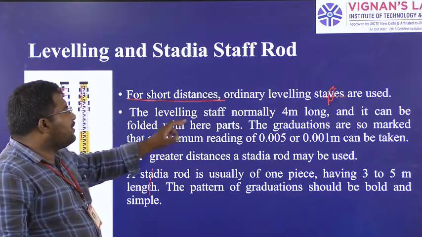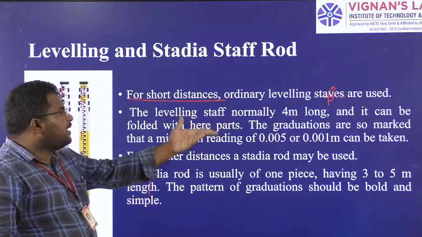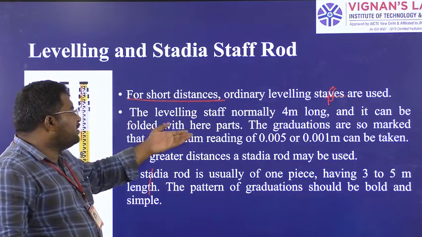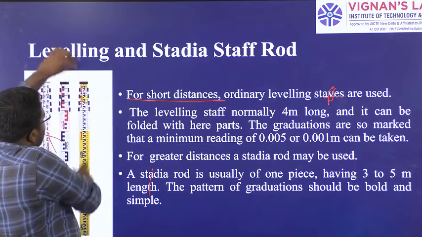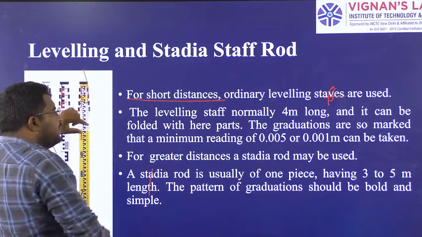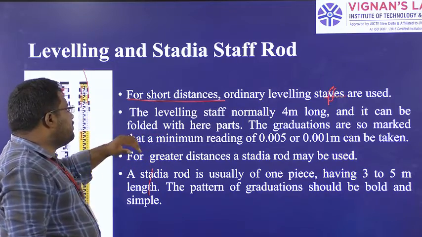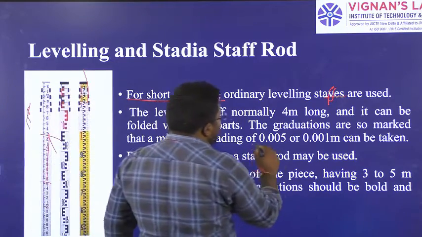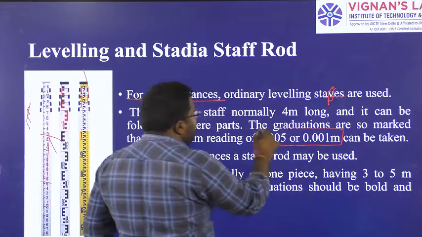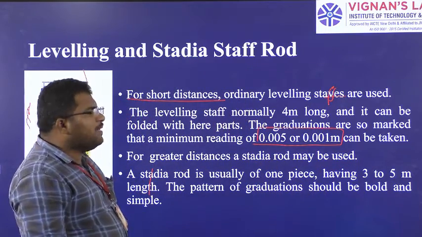The leveling staff is normally 4 meters long, and it can be folded into parts, so we can take it out and fold it like this. The gradations are so marked that a minimum reading of 0.005 or 0.001 meter can be taken.